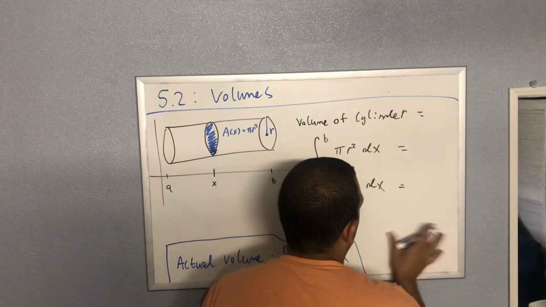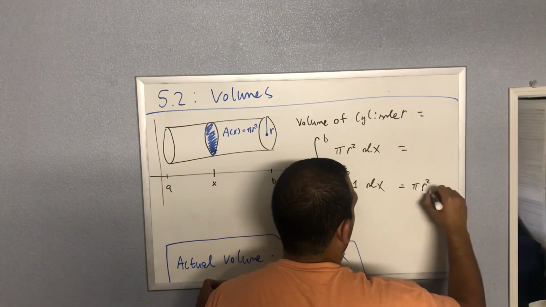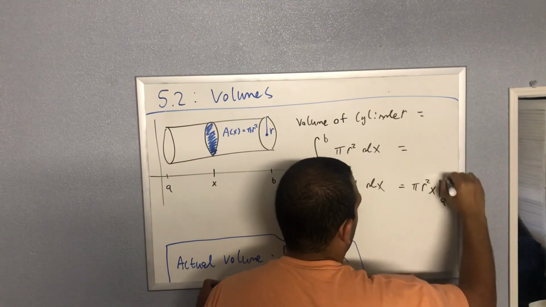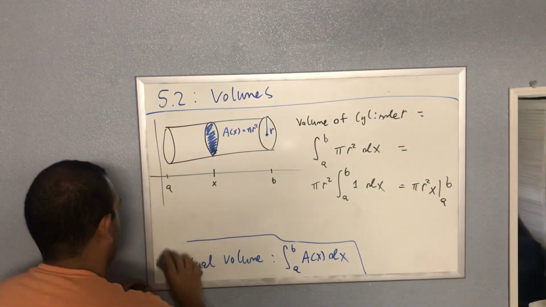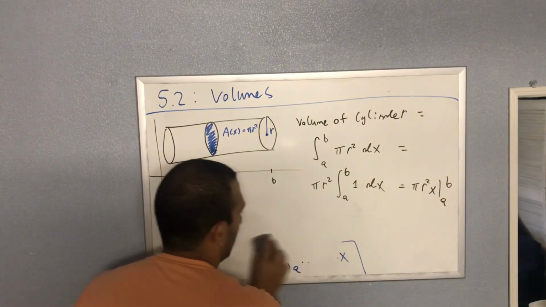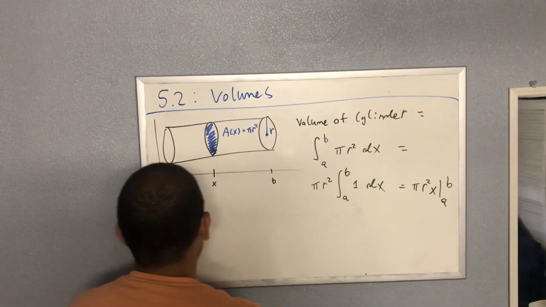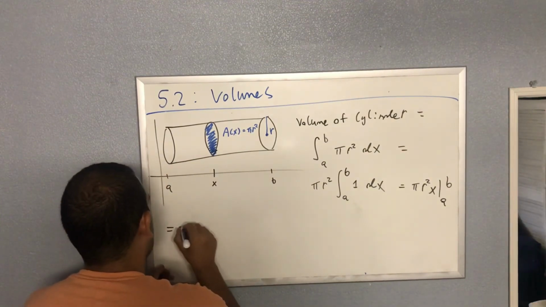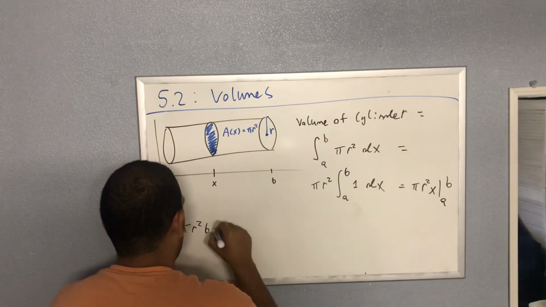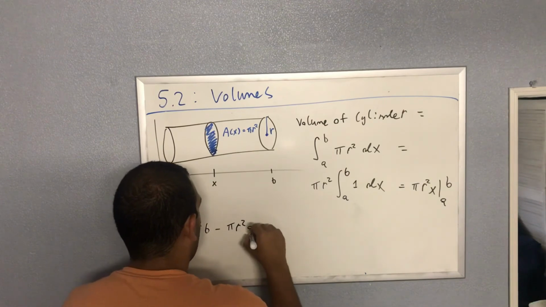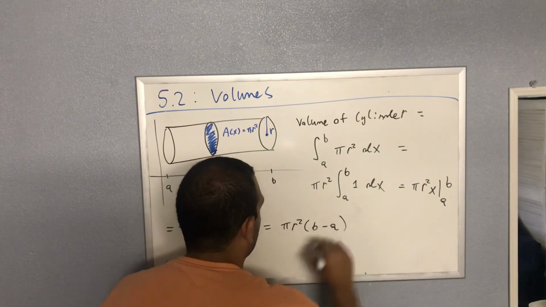So what we're getting is pi r squared x evaluated from a to b. And then this is pi r squared b minus pi r squared a, which if you factor out the pi r squared is pi r squared times (b minus a).